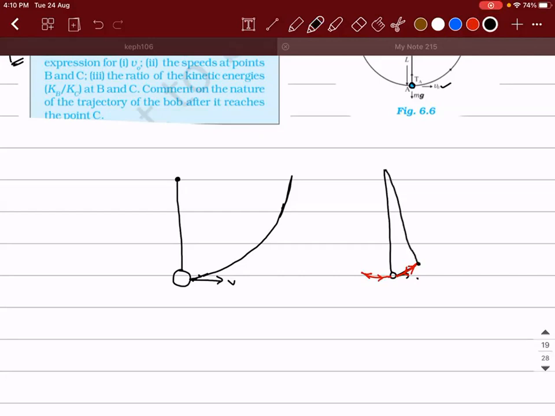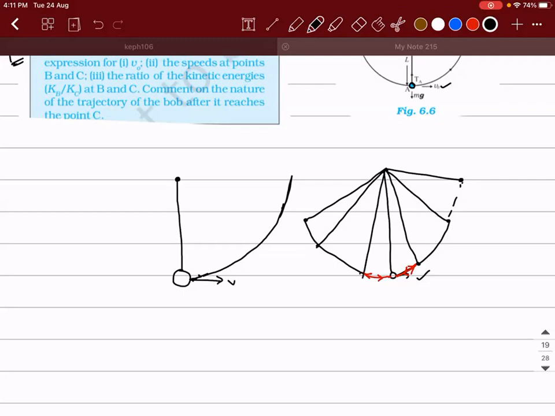But what if you increase this horizontal velocity? Then maybe it can go till this point. Right? Then the same thing will happen on the other side also. Are you able to understand what I'm trying to say? If you increase its velocity, then maybe this kind of a scenario will happen. Like this, it can keep oscillating between different points.